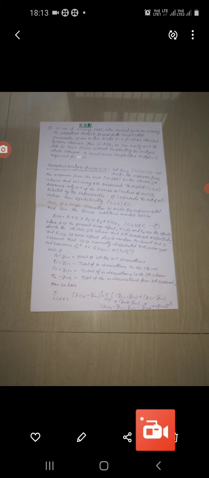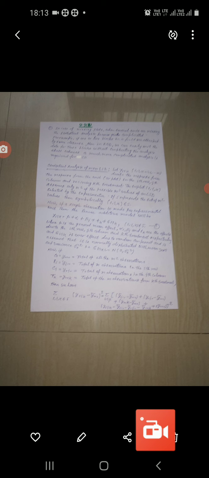where mu is the general mean effect. Similarly, alpha i, beta j and tk are the effects due to the ith row, jth column and kth treatment respectively, and epsilon ijk is the error effect due to random experiment, and it is assumed that it is normally distributed with mean 0 and variance sigma e square.